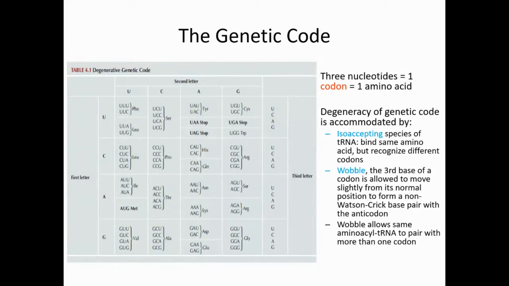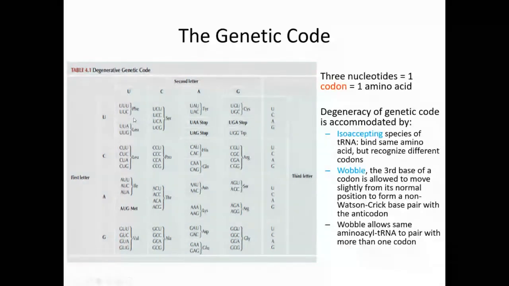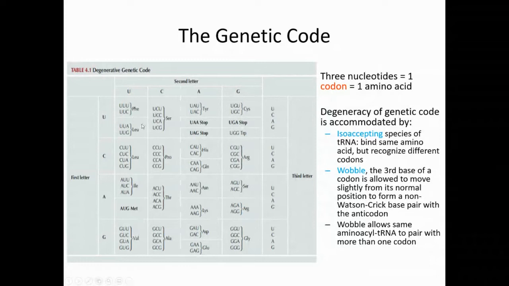Therefore, the genetic code is degenerate, which means more than 1 codon can encode the same amino acid. Let's say alanine, for example: GCU, GCC, GCA, GCG.